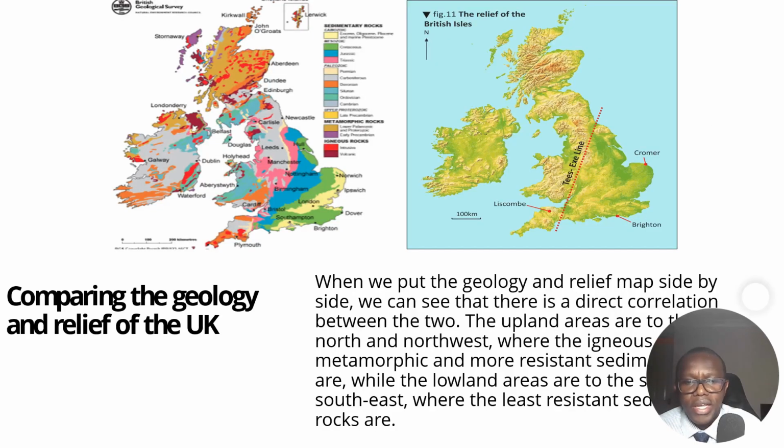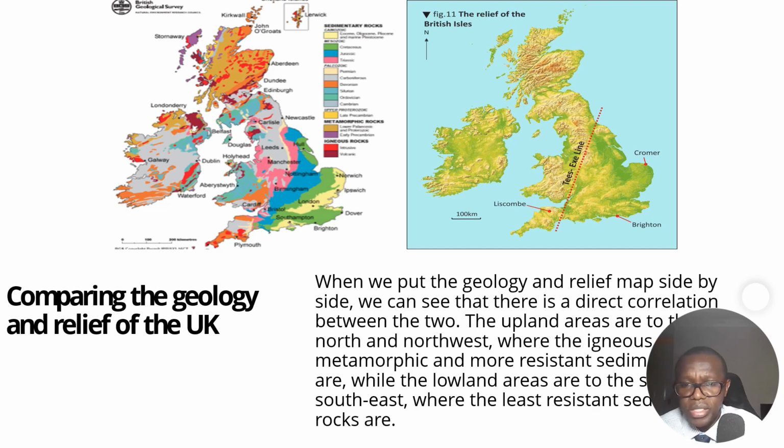So this slide here shows the geology map and the relief map side by side. The intention of putting this here is to determine the relationship between geology and relief here in the UK. As we can see again, to the northwest and north of the Tees-Exe line, we have the upland landscapes.